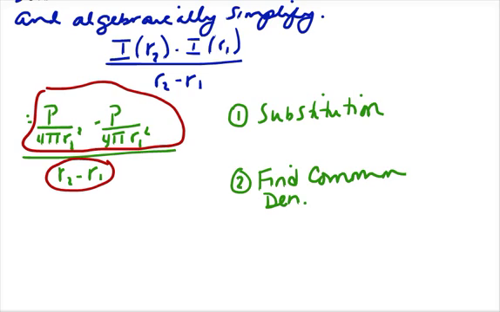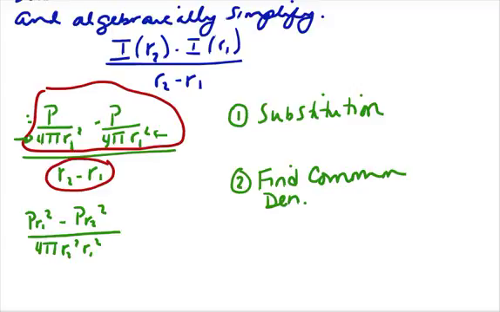Looking at the denominators of both of these fractions, or rational functions, you can hopefully see that the common denominator would be 4 pi r2 squared r1 squared. Combining that all under one common denominator, the first term, remember, whatever's left over, p r1 squared minus p r2 squared.